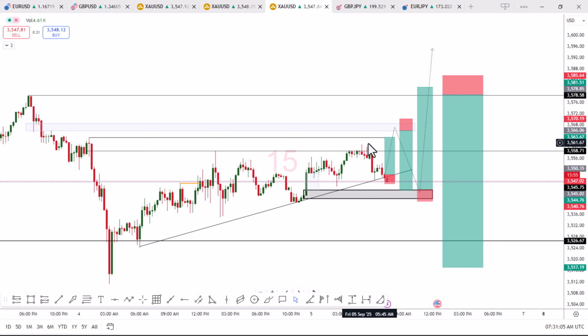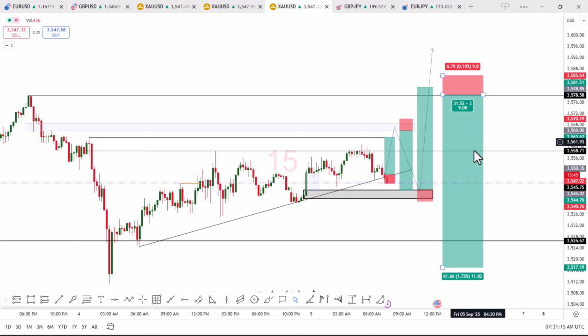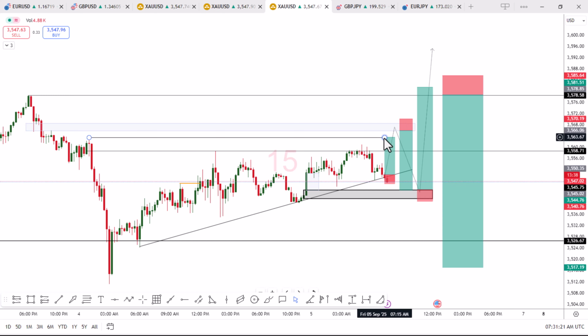So that is just what I should be looking for around this zone right here. It's not really going to be a big deal. It's just going to be a very small thing, not any serious price movement, right? But that's just by the way. So this is it right here. Price should just be around this zone.